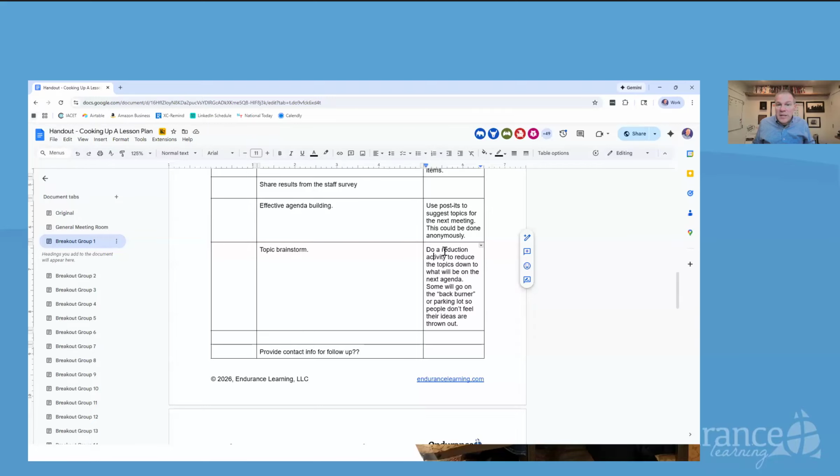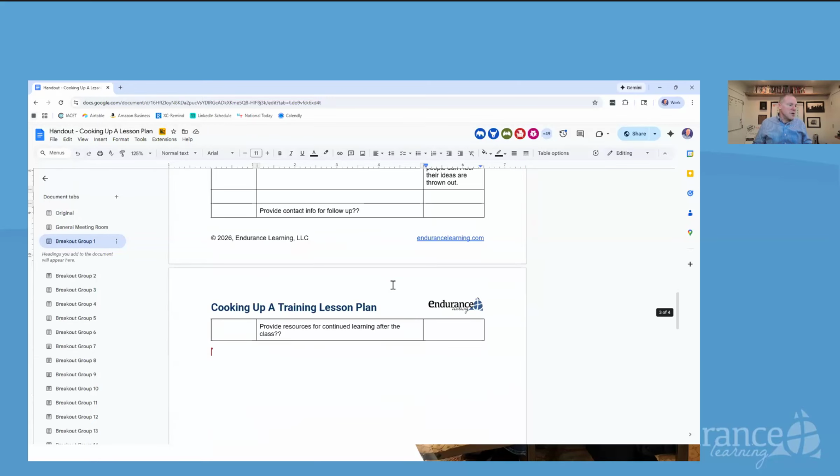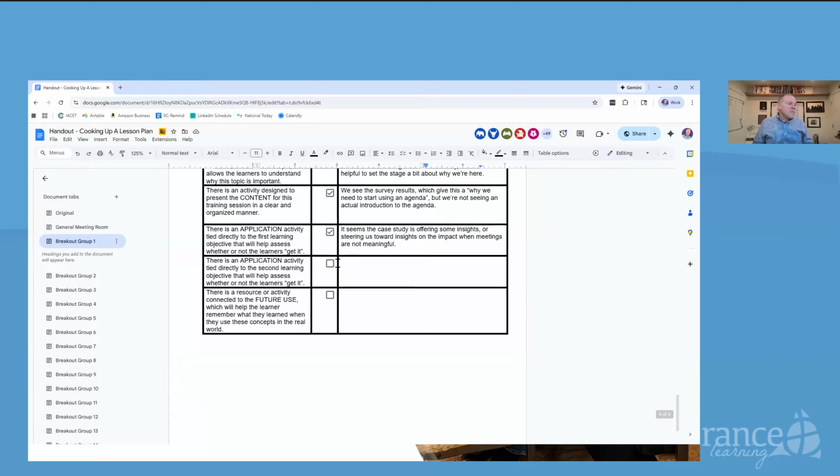And Aaron is saying 2 minutes until we close this. So there is a little bit of this attempt at getting people to build an agenda. There is an agenda building exercise, and it also is an exercise in prioritization, which is an interesting thought, that you don't have to cover every single thing in a team meeting.